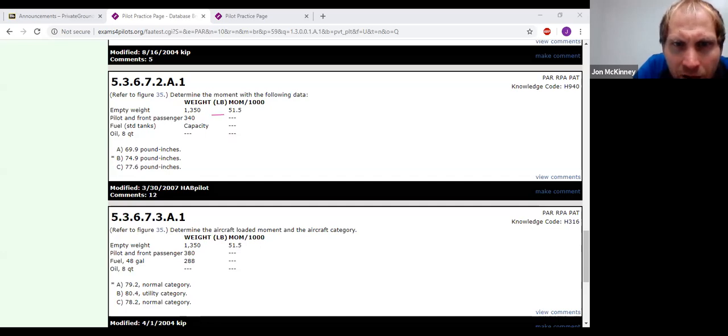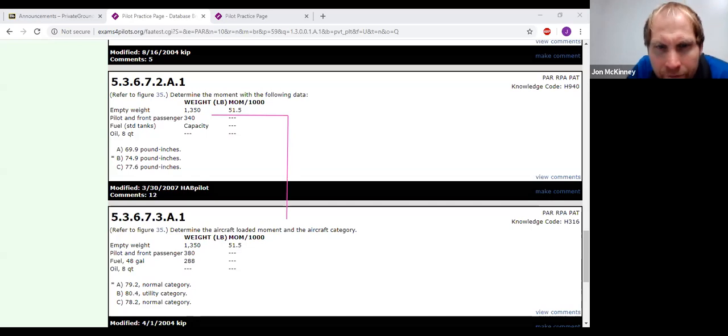There's my straight line. And I intersect that front seat, pilot and front passenger, right about there. So if I take that same number straight down, there's 10, there's 15, 12 and a half. Each box might be worth, 2 boxes might be worth 1, so there's 11, there's 12. I don't know, somewhere around 12 and a half. Do you guys agree, disagree?